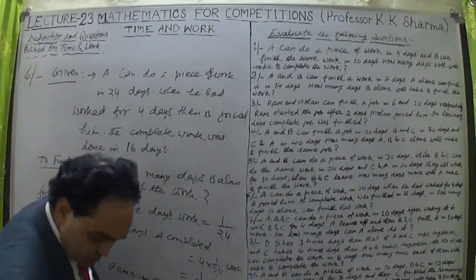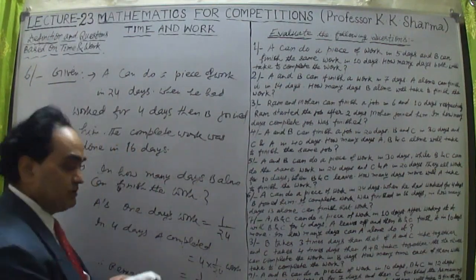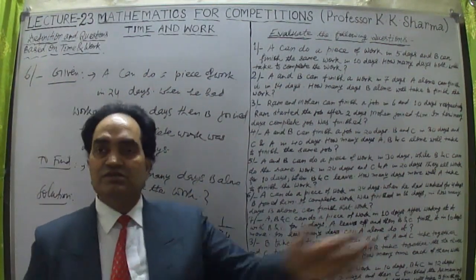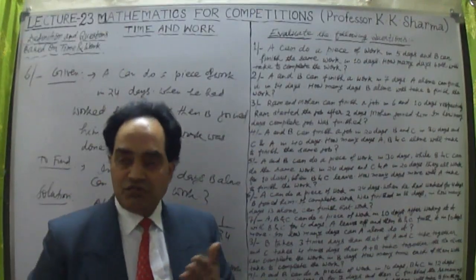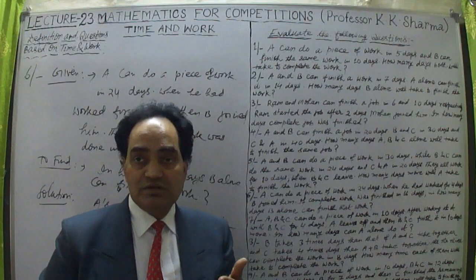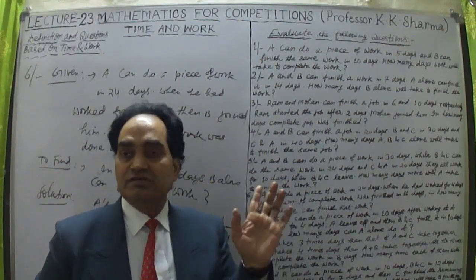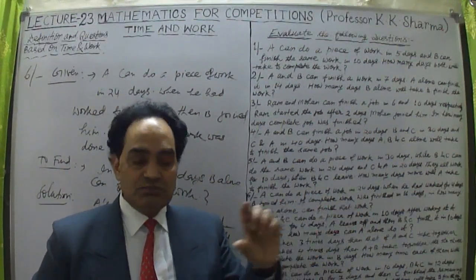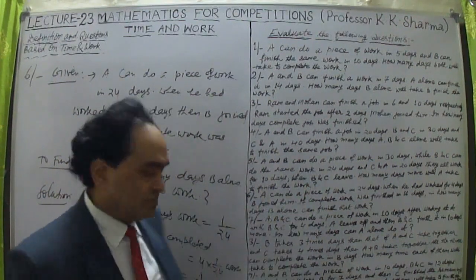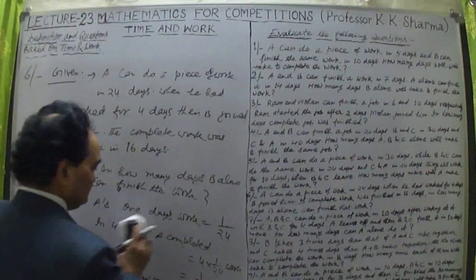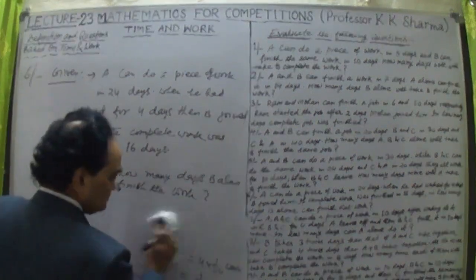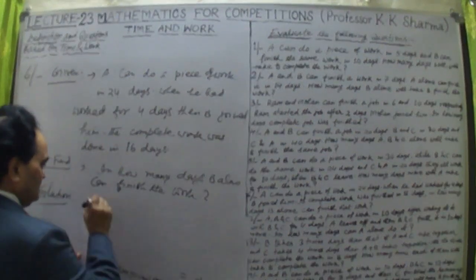A and B together took 12 days, because the whole work was completed in 16 days, but 4 days were already taken by A. That means for the remaining 12 days, both A and B work together. So in 12 days, the remaining work is this.